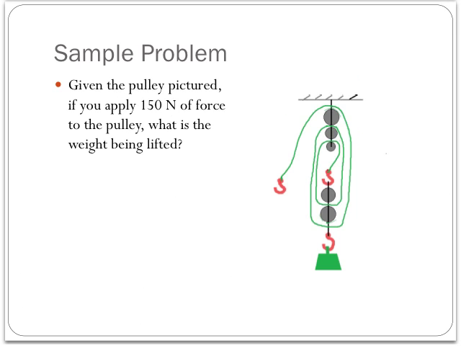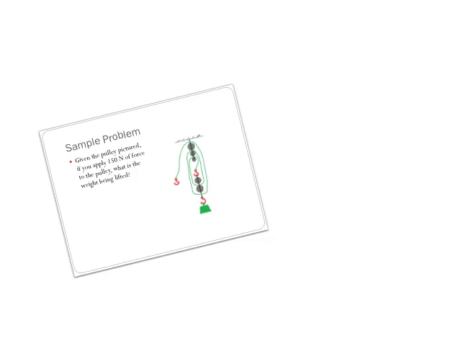You can also do this to our original mechanical advantage equation. Let's think back on that one again. Originally, we learned that mechanical advantage is equal to FR divided by FE. That's still true.